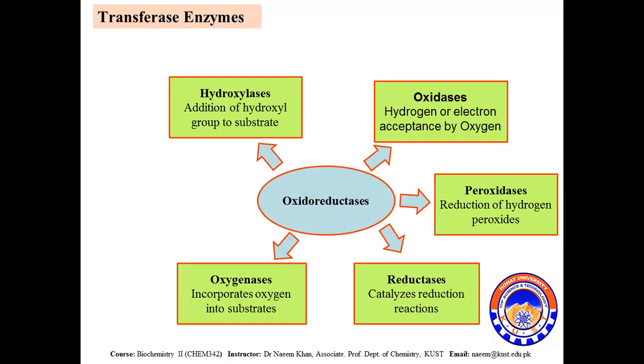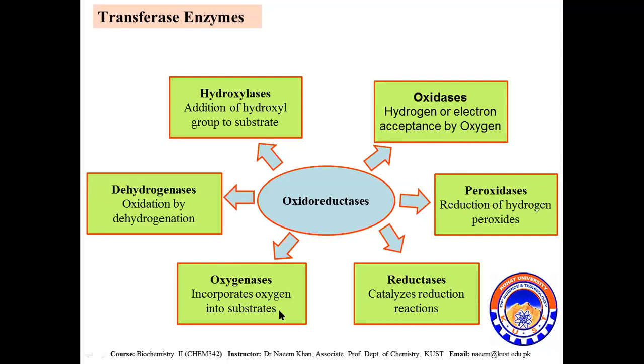Next, the subclass was oxygenases, and oxygenases are the oxidoreductase enzymes which catalyze the incorporation of oxygen into their substrates. And the sixth and last major subclass of the oxidoreductase enzymes which we studied was dehydrogenases. As the name indicates, these enzymes catalyze oxidation by dehydrogenation, I mean removal of hydrogen from their substrate.